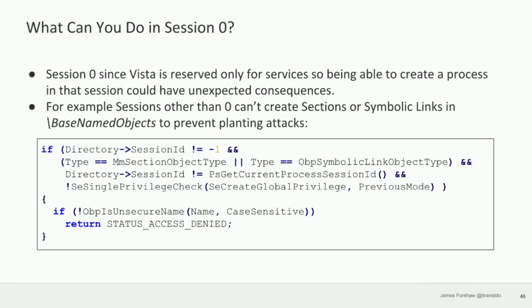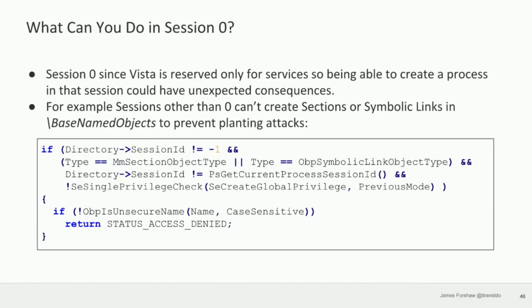So what happens is anything which isn't in session 0 is not allowed to create two crucial types of objects inside that directory. You can't create section objects, and you can't create symbolic link objects, because otherwise you could do some fun stuff and basically name squat on system service resources. So you could create a service which may try to access a section, do some fun stuff with it, and you've already sat there with the name and redirected it to your own, so that you can open it with your own privilege.